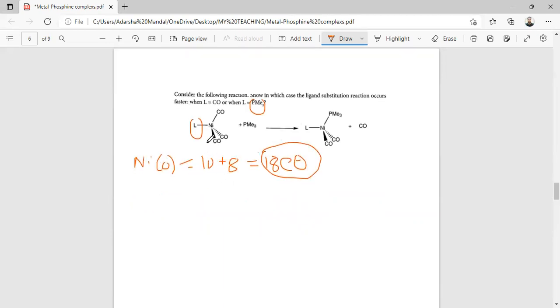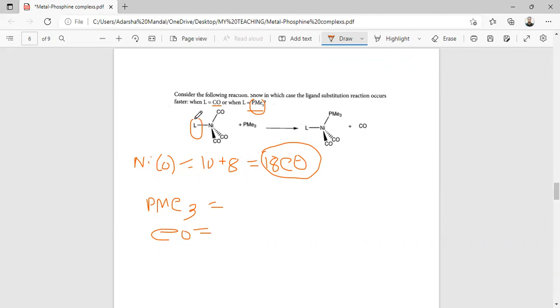So first we have to consider the electron donation properties of CO and PMe3. PMe3 is a strong sigma donor, but a poor pi acceptor ligand. CO is also a strong sigma donor, but it is a good pi acceptor ligand.